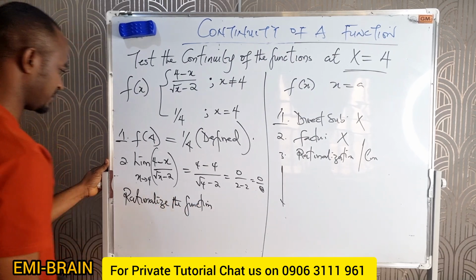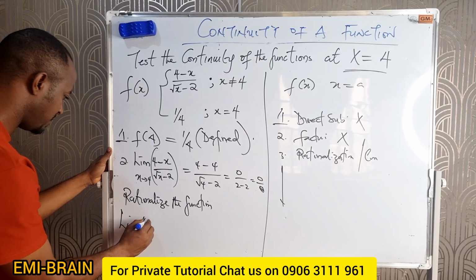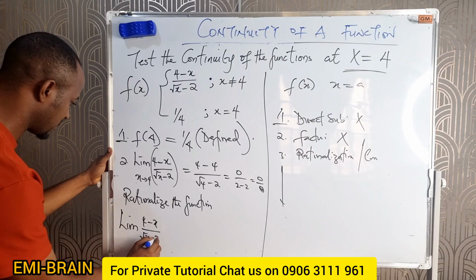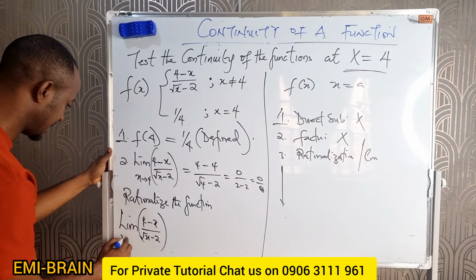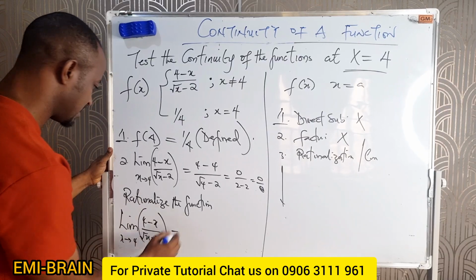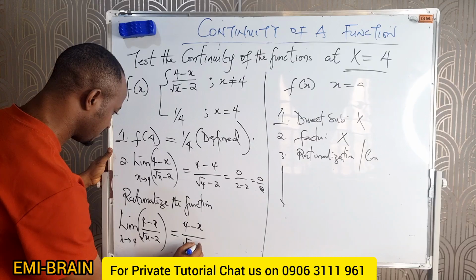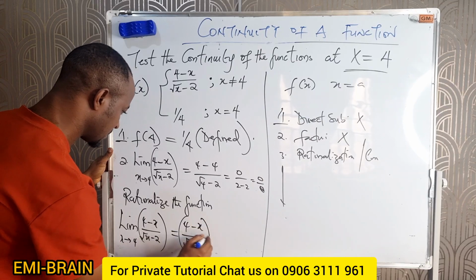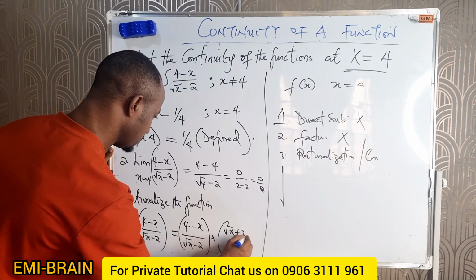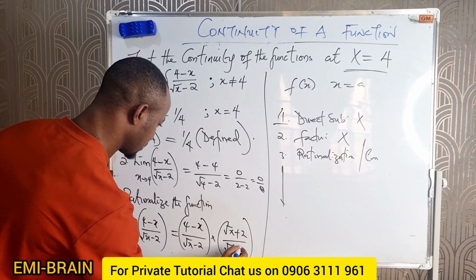The limit of 4 minus x divided by root x minus 2 as x approaches 4 becomes 4 minus x over root x minus 2, times root x plus 2, divided by root x plus 2.